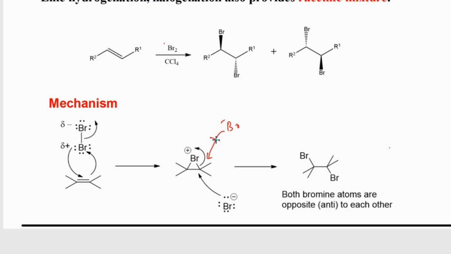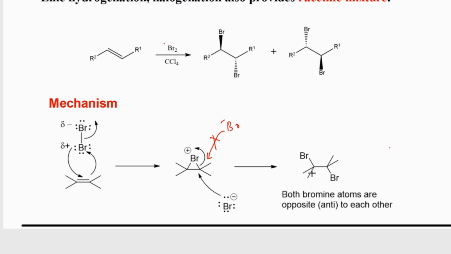So the bromide ion that was cleaved in the first step comes and attacks the opposite face of the cyclic bromonium bridge. When it attacks this way, this bond gets cleaved and the positive charge of the bromine is stabilized. By this way, you see both bromines end up in opposite directions. That is the reason halogenation takes place by anti addition mechanism.